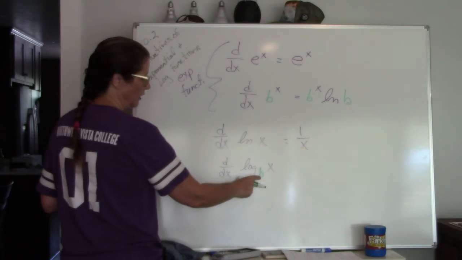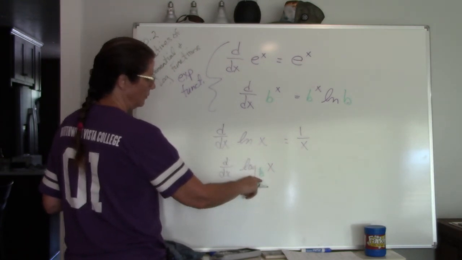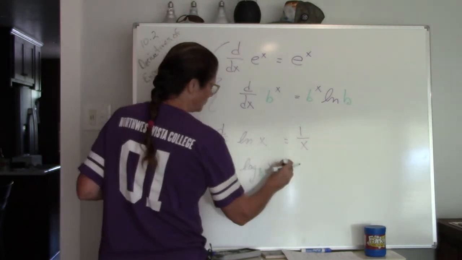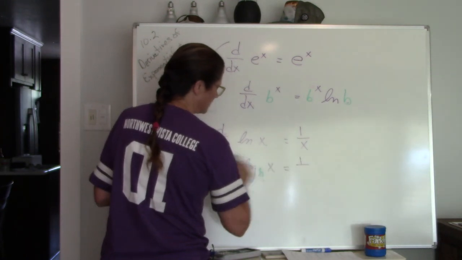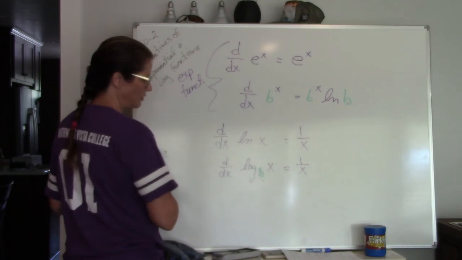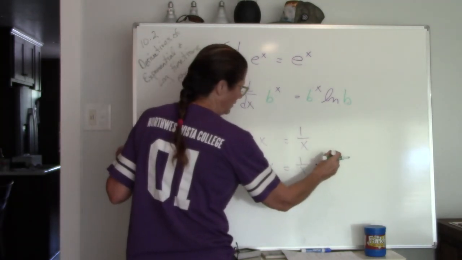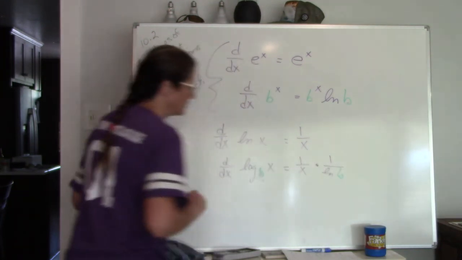Remember, when you write log, it's the log base b of x. That's how you would read that. So this equals 1 over x, so 1 over whatever's sitting there, times 1 over ln of whatever your base is.